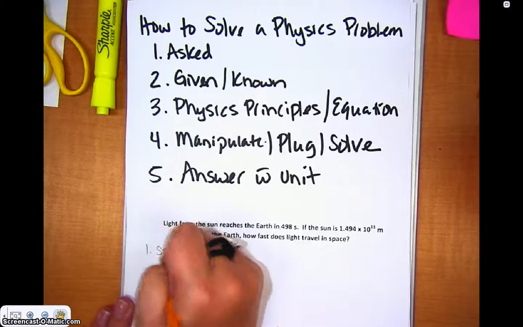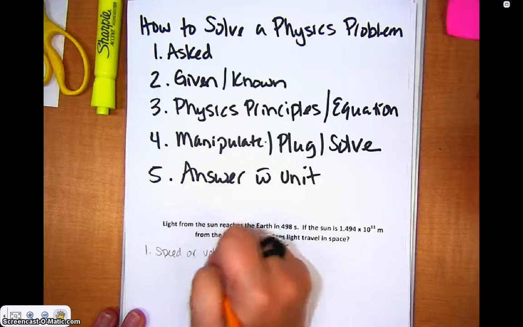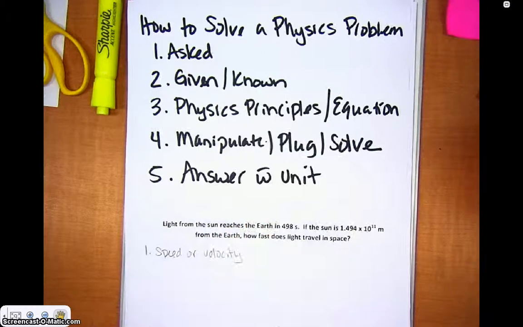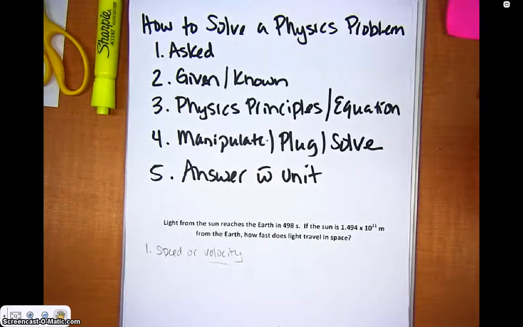So we're trying to solve for speed or velocity. If we gave the velocity a direction, like from the sun to the earth, then we would call it a velocity. If we just said the magnitude of it, it would be speed. But we essentially calculate them the same way because the light is traveling in a straight line.